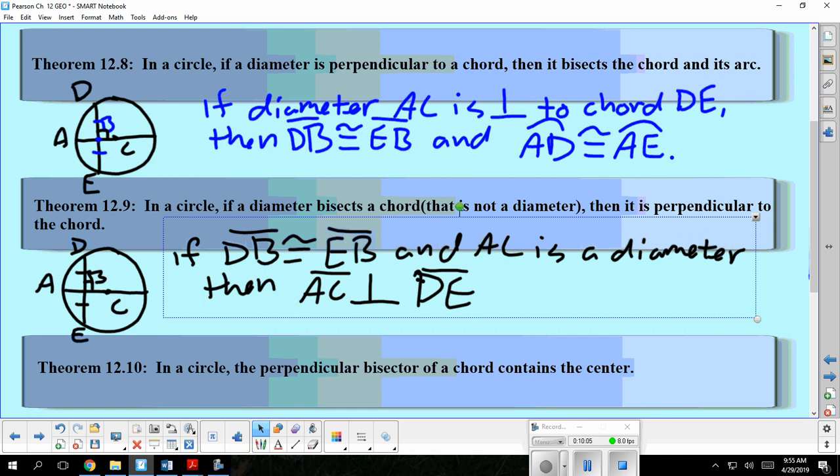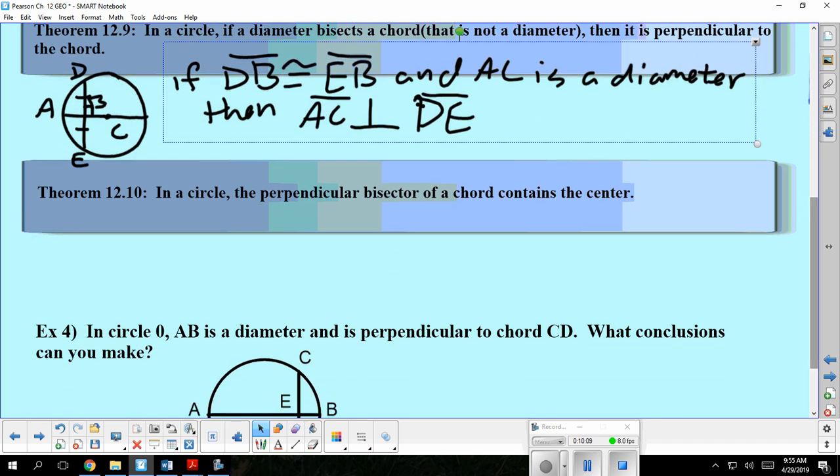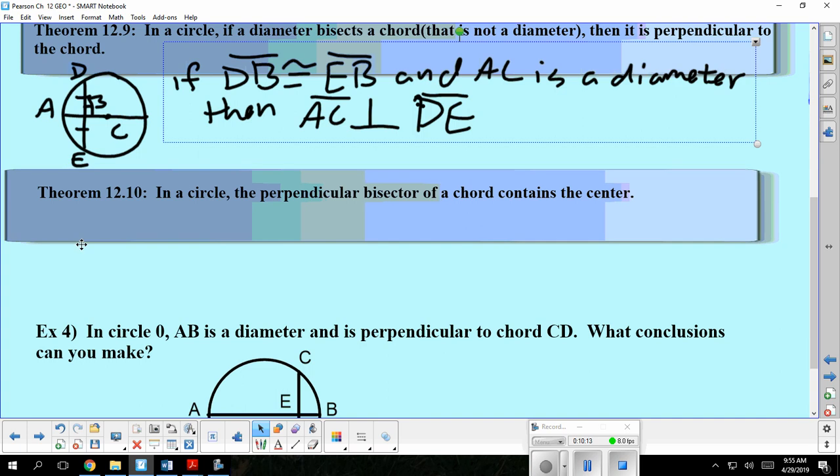All right, let's draw our diagram again. AC, D, E, G. So now, in a circle, the perpendicular bisector of a chord contains the center.